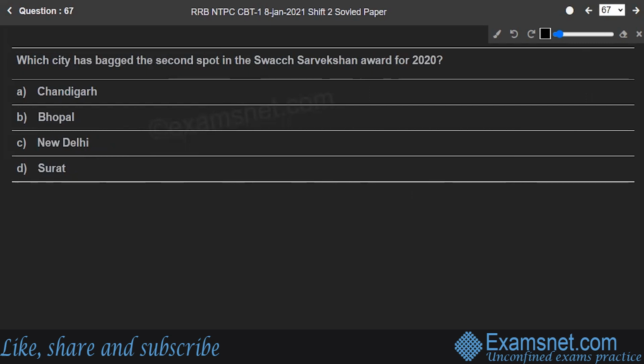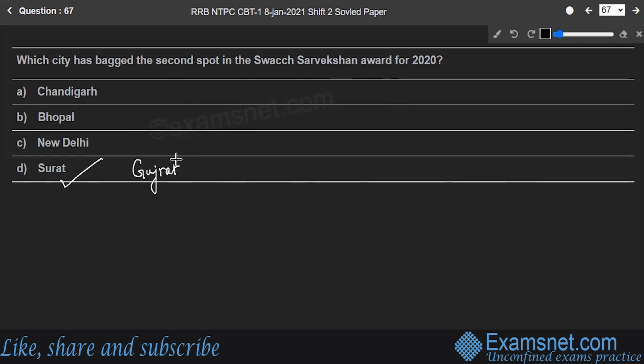Which city has bagged the second spot in the Swachh Sarvekshan Award for 2020? Chandigarh, Bhopal, New Delhi, or Surat? Well, it is Surat. The second spot in the Swachh Sarvekshan Award for 2020 is Surat, Gujarat.